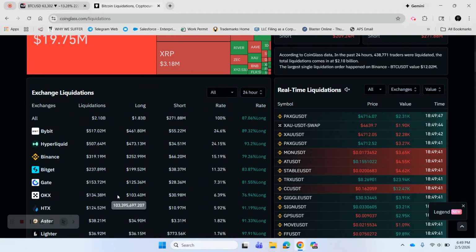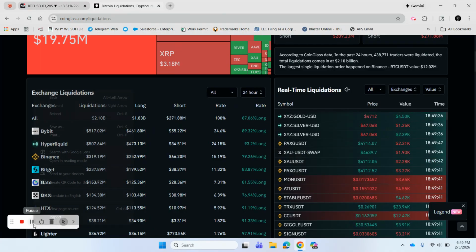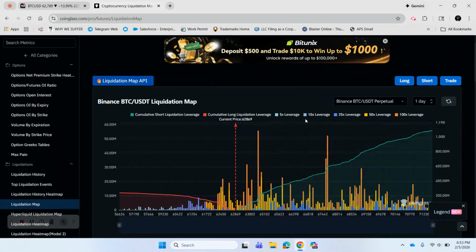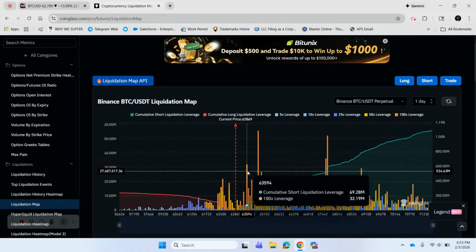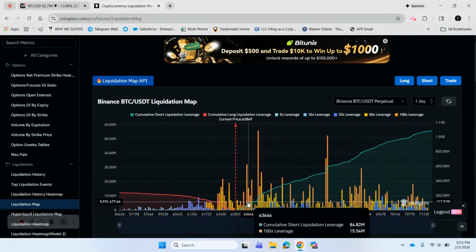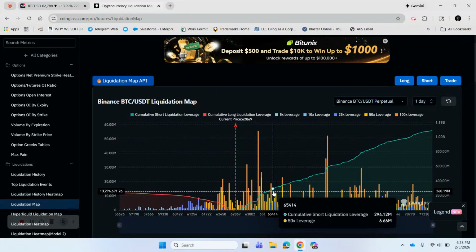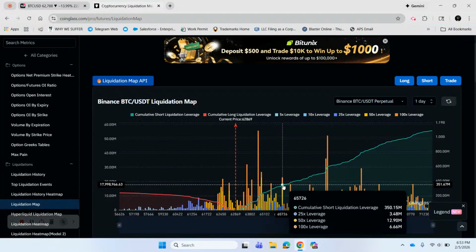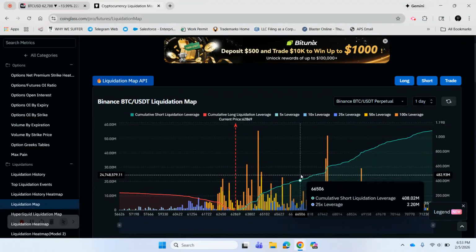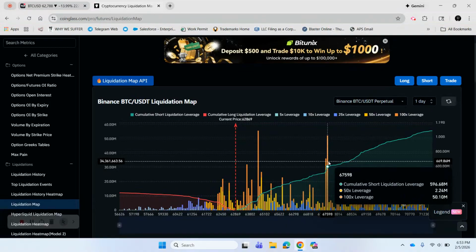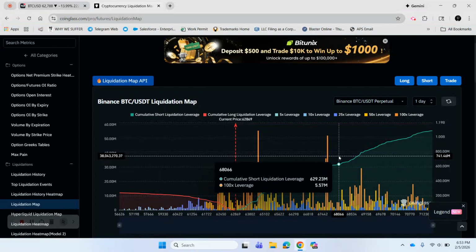Right. And so we really got to keep that in mind. All right, let's look at this liquidation map. There's some key areas we need to look at. If the shorts pile in, they are going to be in for a rude awakening. If we have some form of recovery on up, we're going to start seeing some heavy liquidations come in.